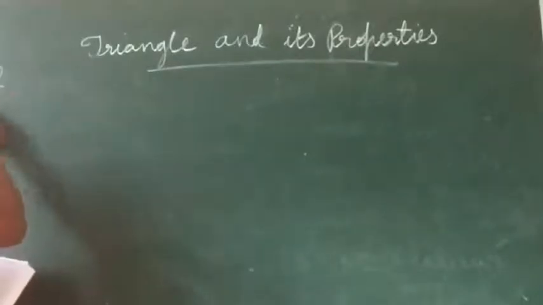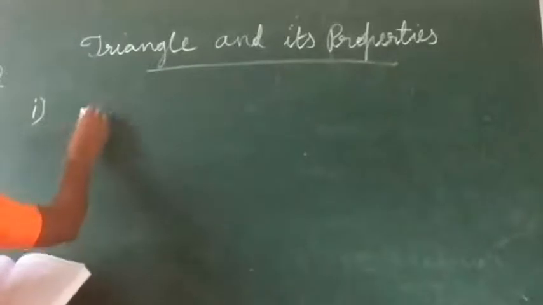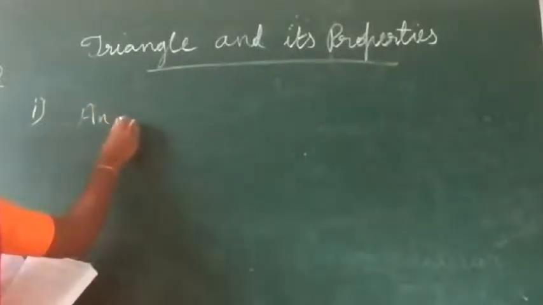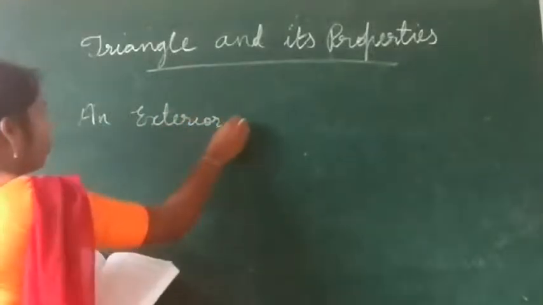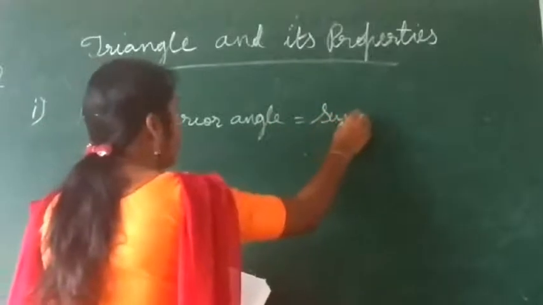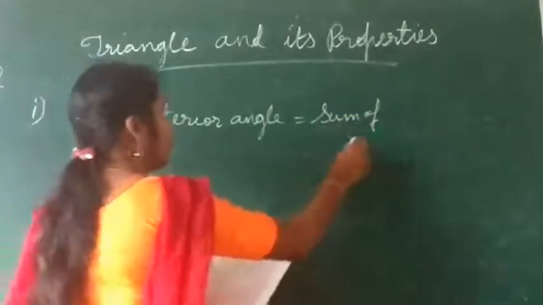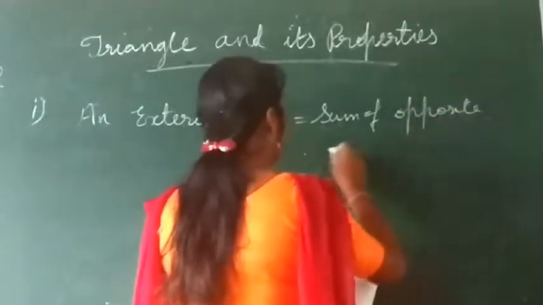First question 1. We have to write first of all the property: an exterior angle is equal to the sum of the opposite interior angles.